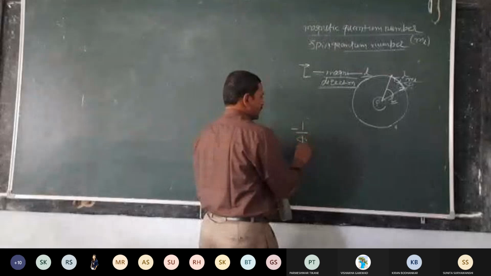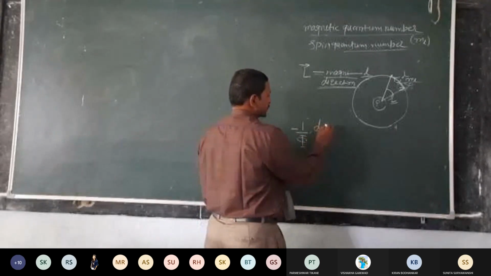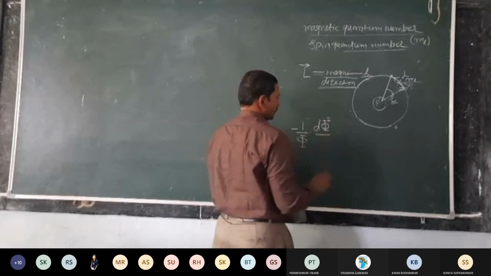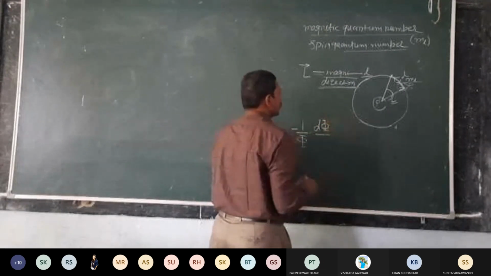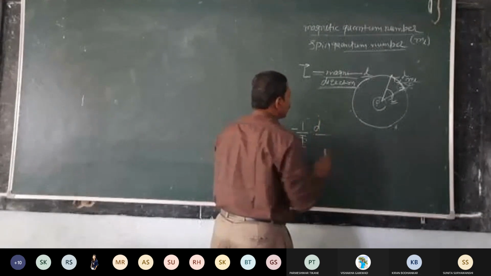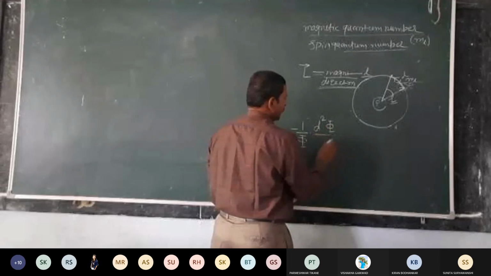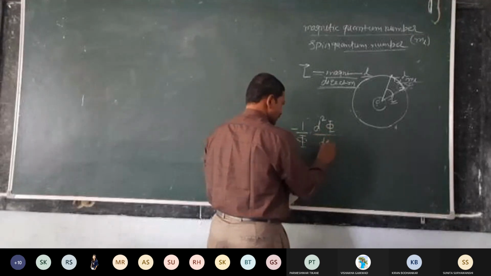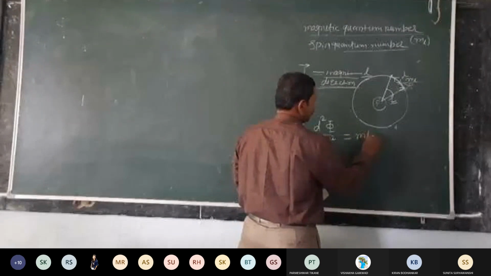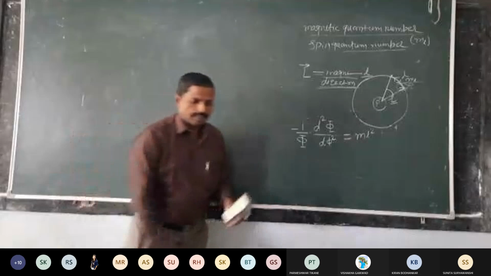1 upon capital phi into d square phi upon d phi square is equal to minus ml square.